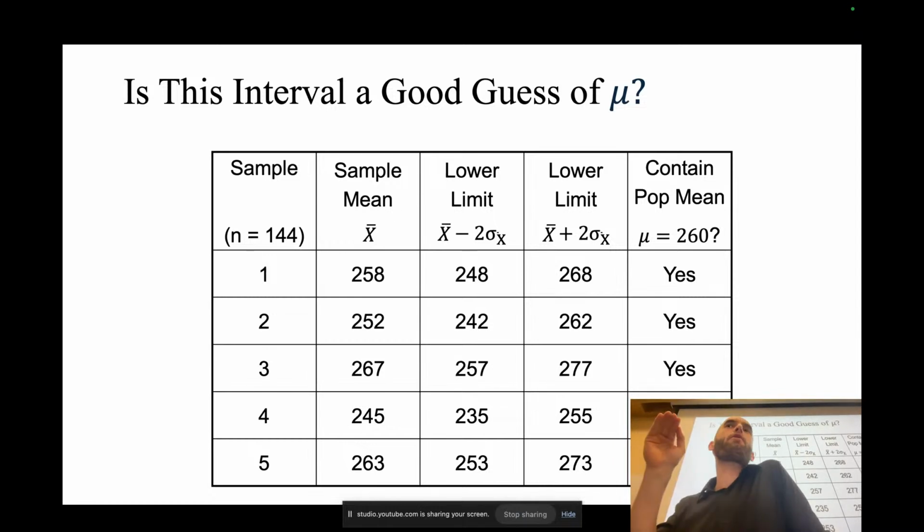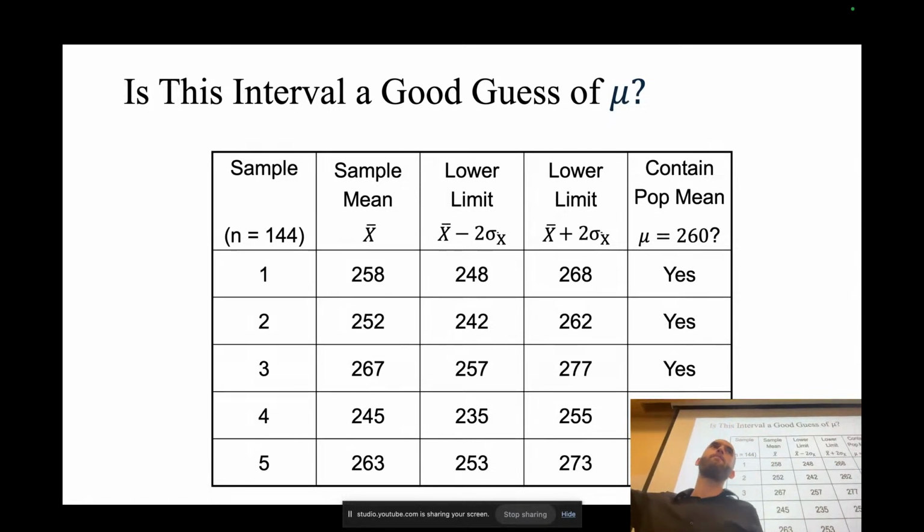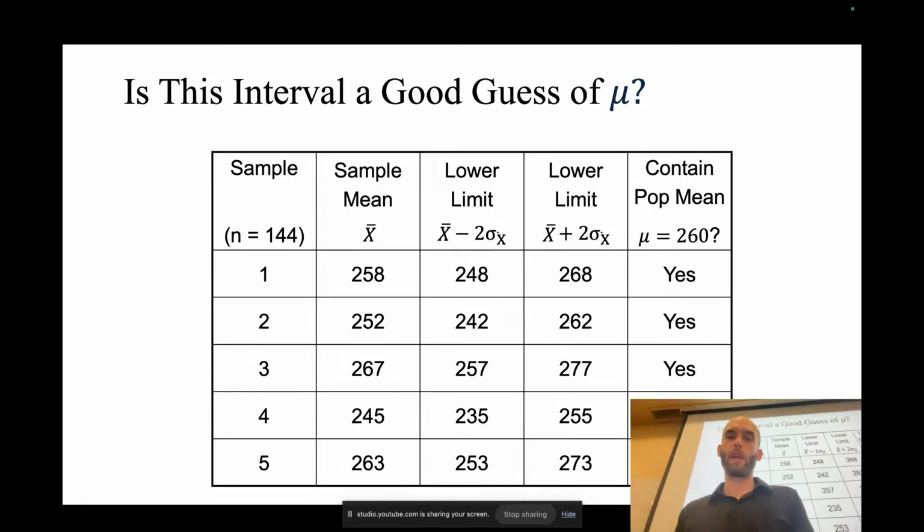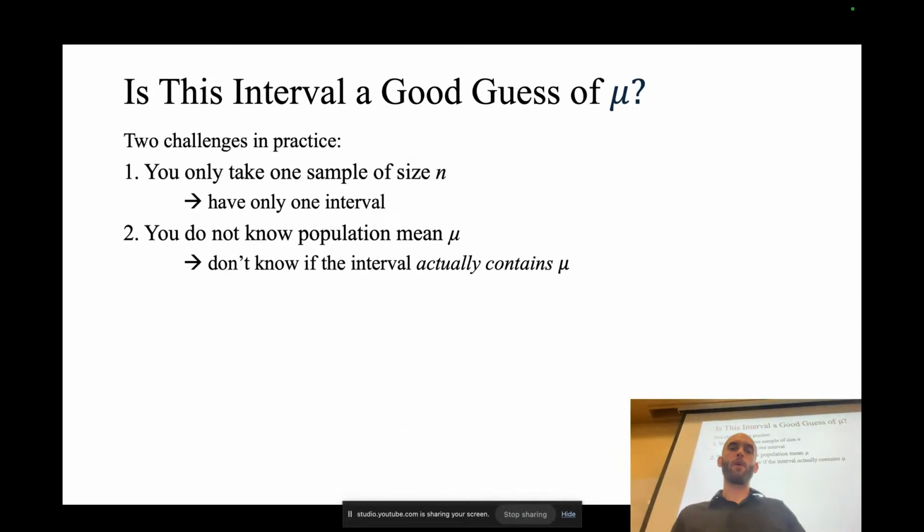Part of the philosophical takeaway here is that the true mean, the population parameter, is not random. The population parameter is some number. We just can't see it. What is random is the draw. We can repeatedly draw a bunch of times, and each time we make a draw, it's random. These are some of the challenges we have in practice.